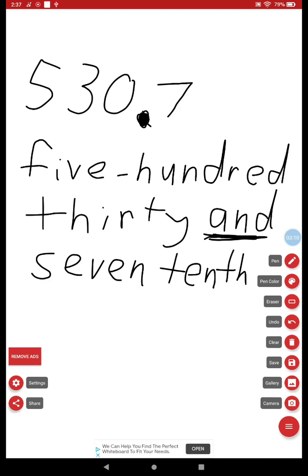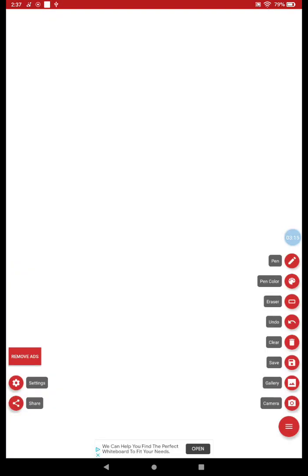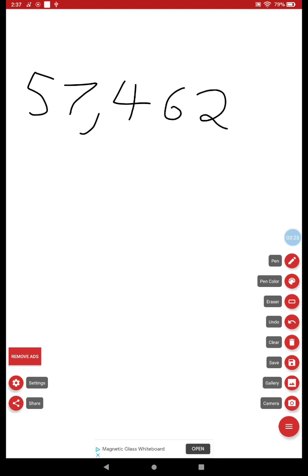All right, let's practice this idea in a little bit different of a way. I'm going to write down a big number. Okay, now what I'm going to do, I'm going to read it. 57,462. Now I'm going to underline one of the numbers.